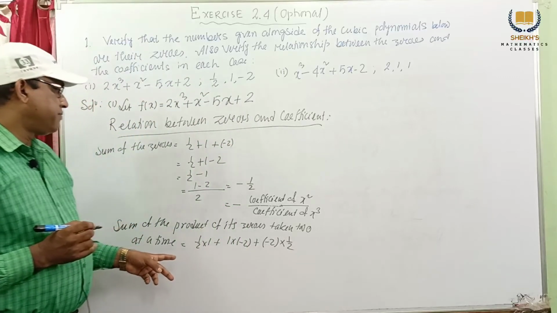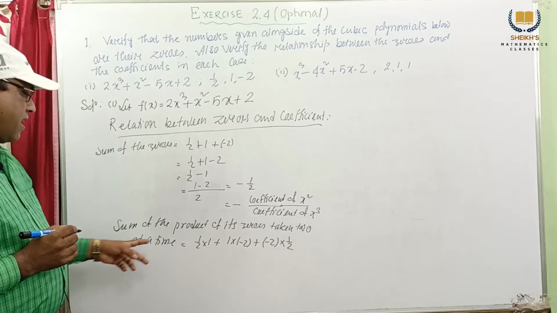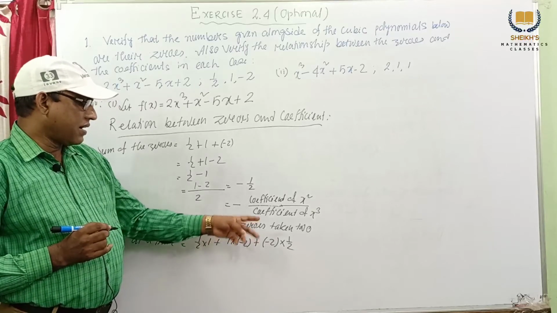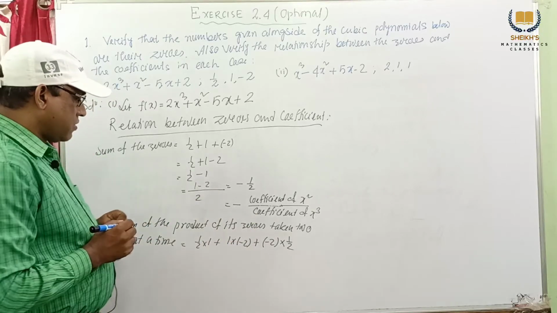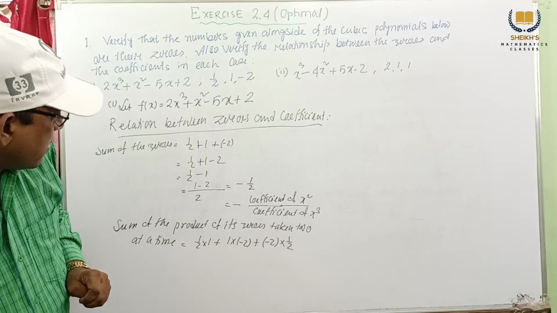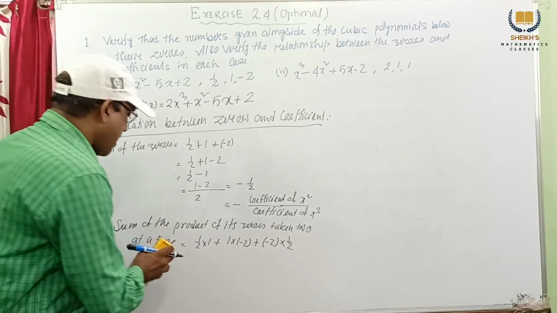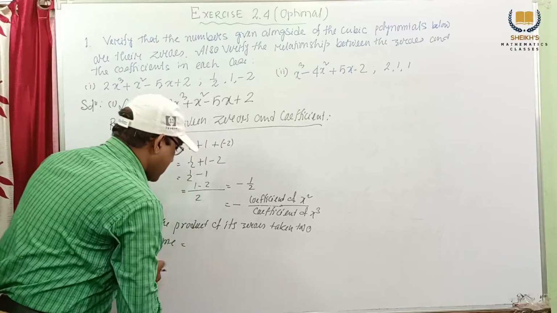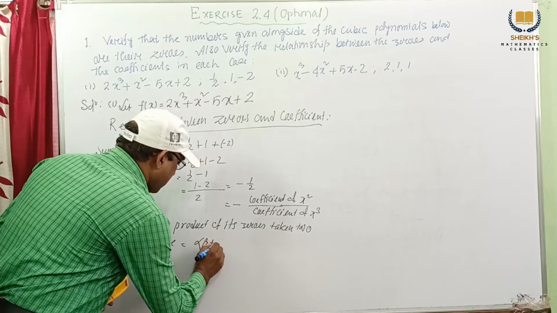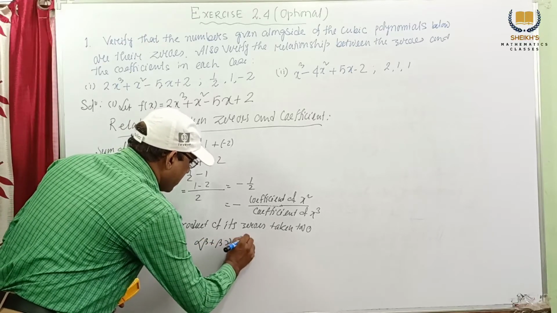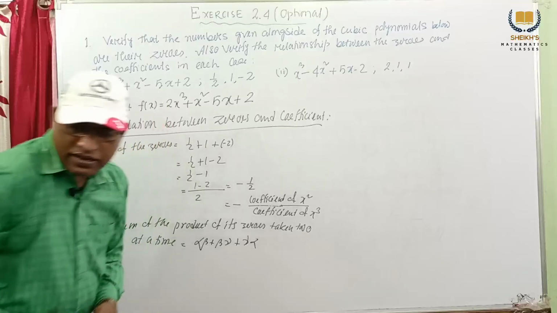So we can write alpha beta, beta gamma, gamma alpha. First we write it this way, this will be better: alpha beta, beta gamma, gamma alpha.